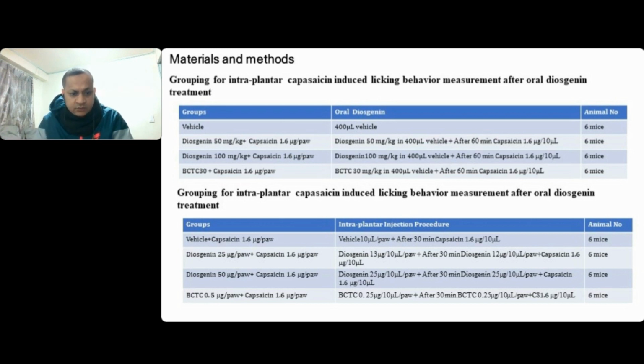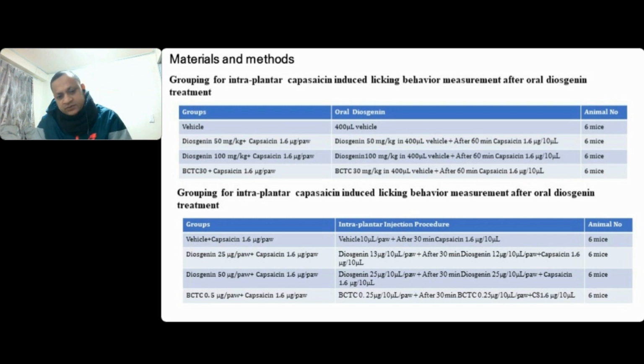Here also, if you see vehicle and capsaicin, we used Diosgenin 25 microgram. The previous one is the oral dose, and this one is the direct intraplantar dose. For the intraplantar dose, we use vehicle 10 microliter, and after 30 minutes capsaicin, 1.6 microgram per 10 microliter.